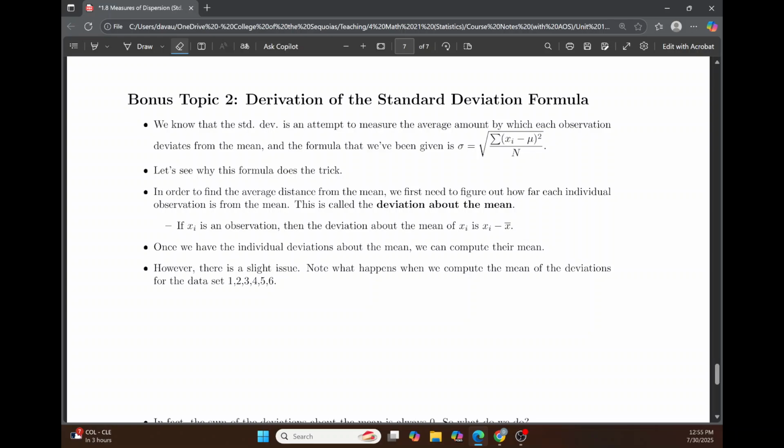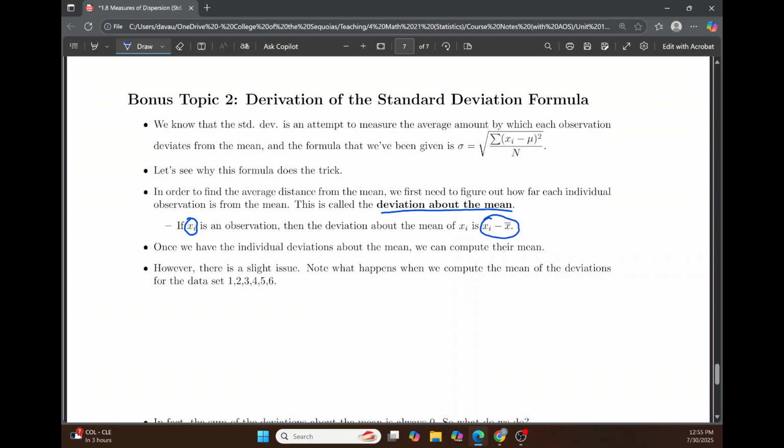The reason that this formula does the trick is because in order to find the average distance from the mean, we would first need to figure out how far each individual observation is from the mean. We call this the deviation about the mean. So let's say that we have some observation x sub i, right? The deviation about the mean for that observation is going to be x sub i minus x bar, right?